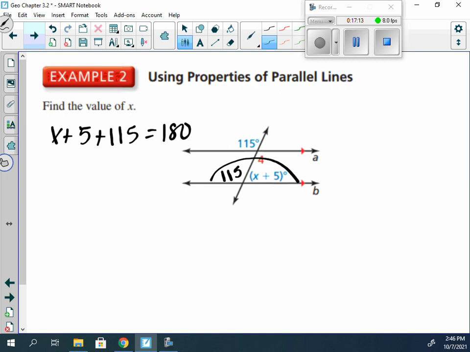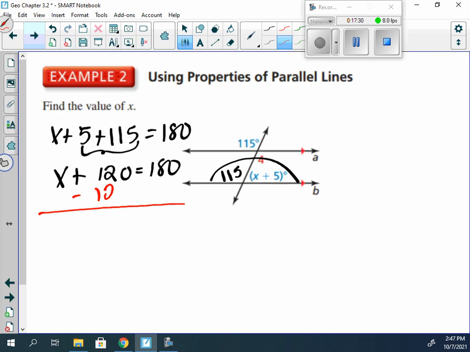That's fine, as long as you get the right answer. We can add these two together. 115 plus 5 is 120. Subtract 120 from both sides, and we get x is equal to 60.